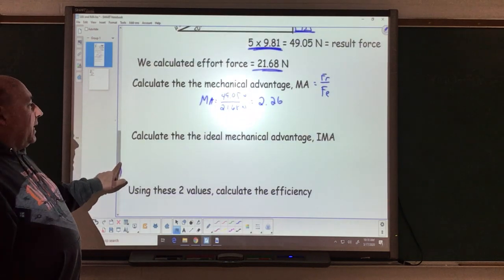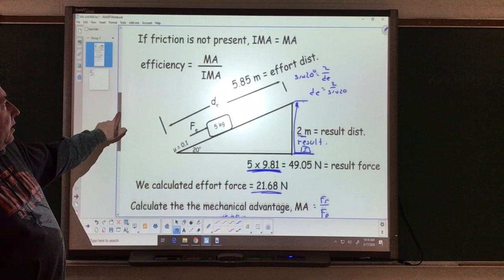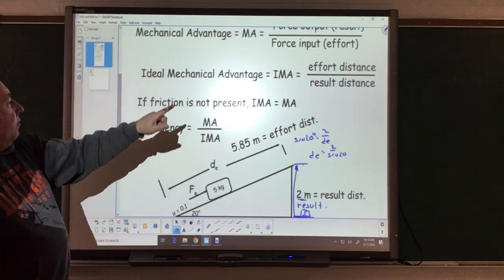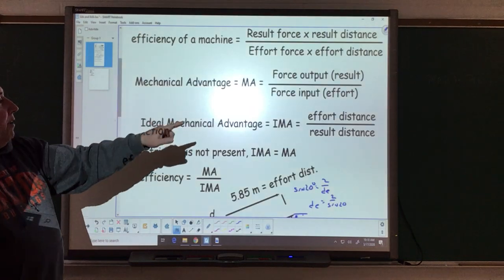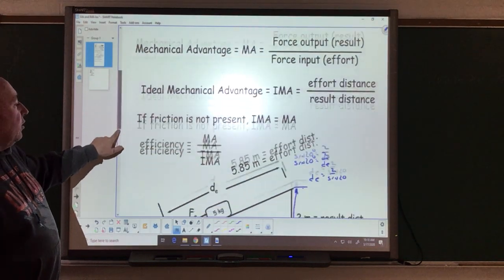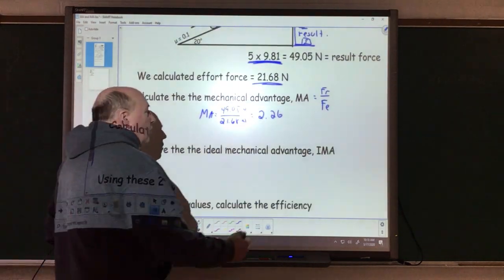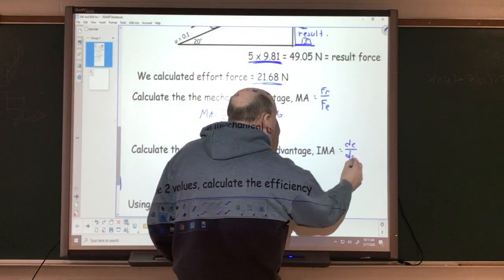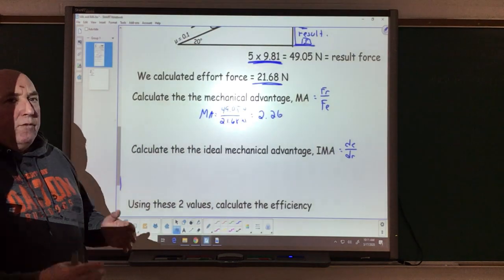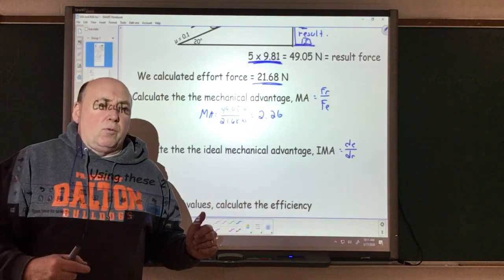The ideal mechanical advantage is calculated by effort distance divided by result distance. My effort distance is how far we pushed it up the ramp.